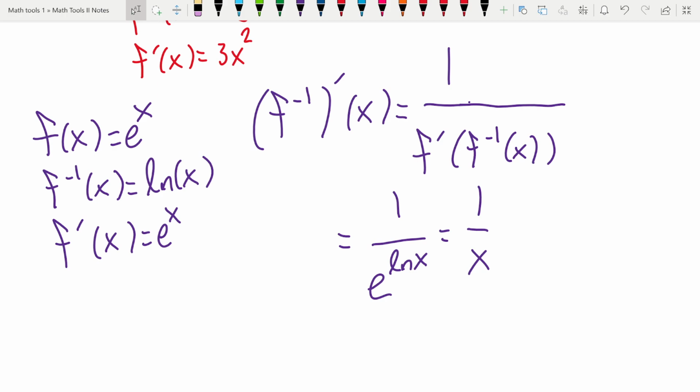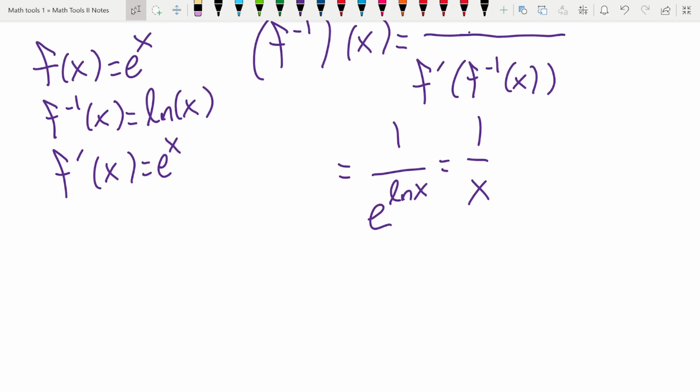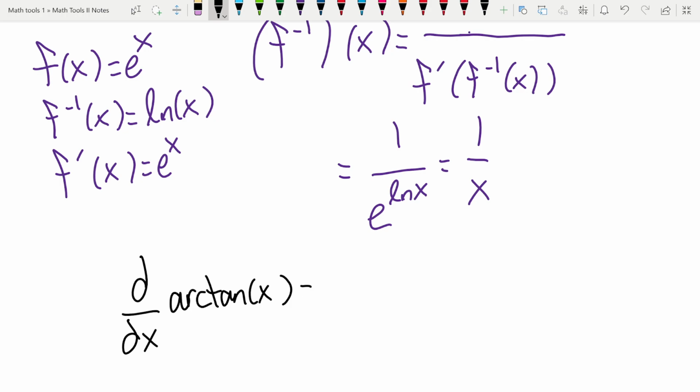So you could do this with any of the inverse functions, of course. If you look at trig a little bit more, you can also then use this to show that the derivative of arctan, where arctan is the inverse function of tangent, is equal to 1 over 1 plus x squared.